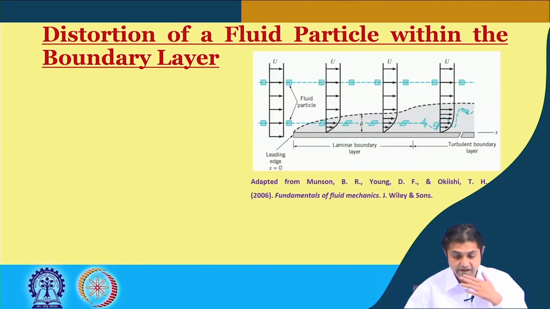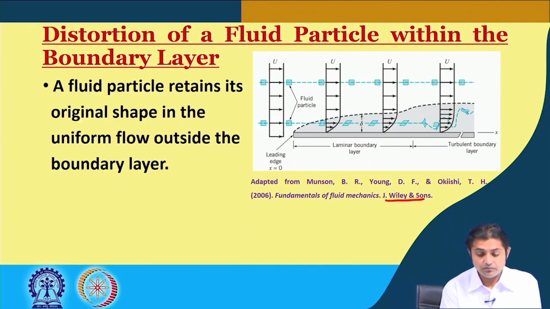Now, we will talk about another phenomenon, that is distortion of a fluid particle within a boundary layer. What happens? So, this figure has been taken from Munson, Young and Okiishi's Fundamentals of Fluid Mechanics, published by Wiley and Sons. So, what it says is that the fluid particle retains its original shape in the uniform flow outside the boundary layer.